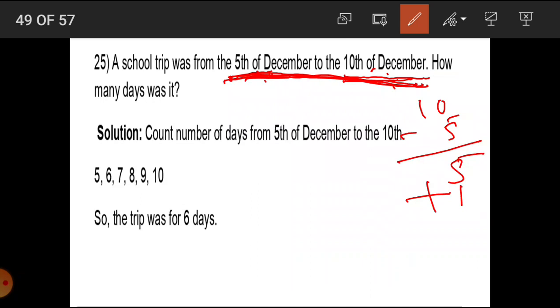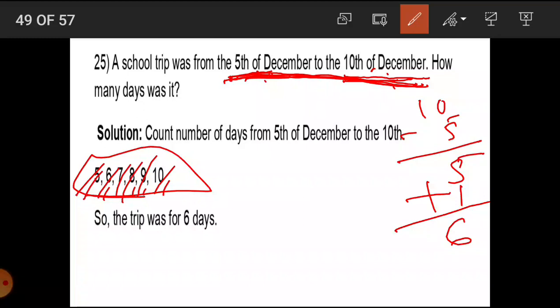So 1 day is not counted in the subtraction, so we have to add 1 day. So it will be 6 days. Or you can check this answer by writing the days: 1, 2, 3, 4, 5 and 6. If you count from 5th December, 6th, 7th, 8th, 9th and 10th, you will also get the answer as 6 days.